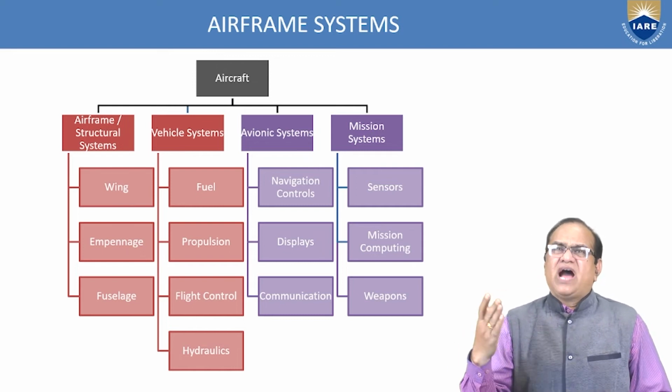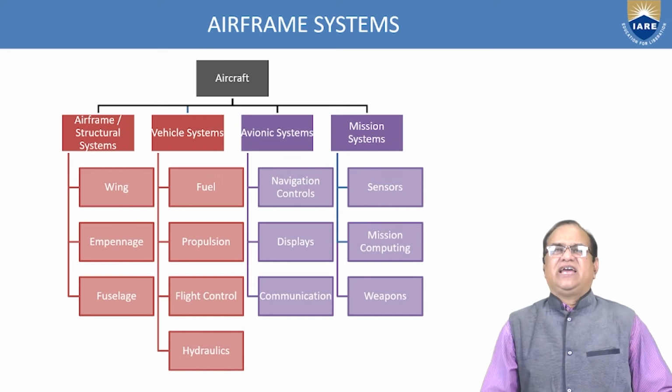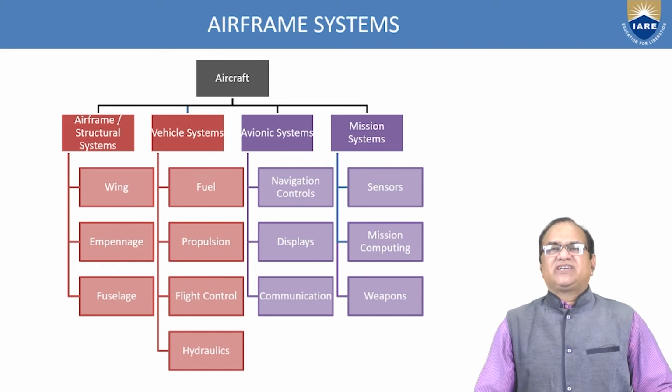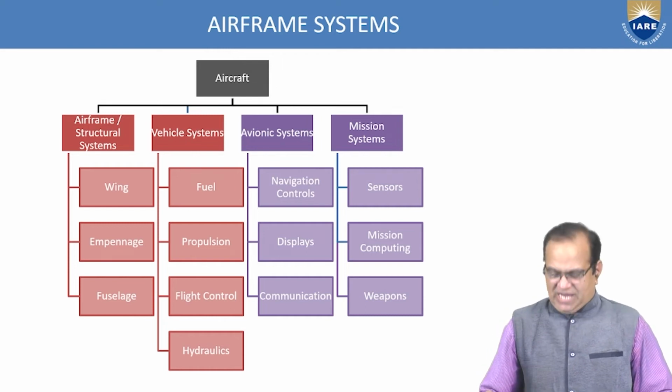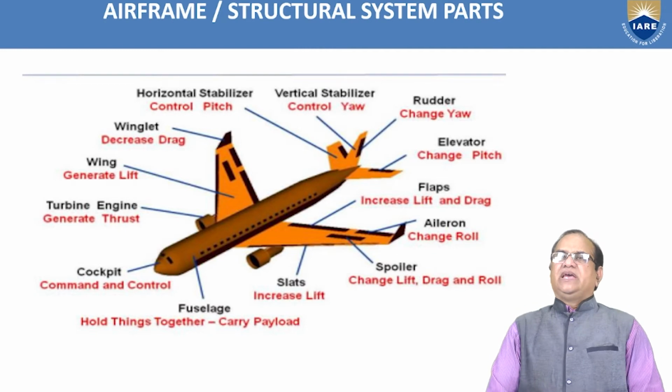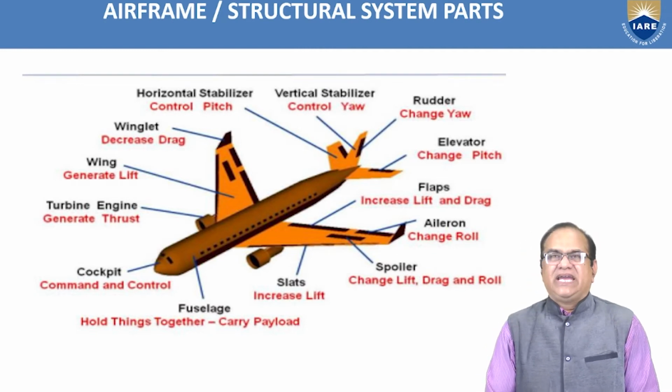But as of now, I am going with the first vertical, that is the aircraft structural system, which consists of the wing, empennage, and the fuselage system. Here I am showing some parts of the aircraft.